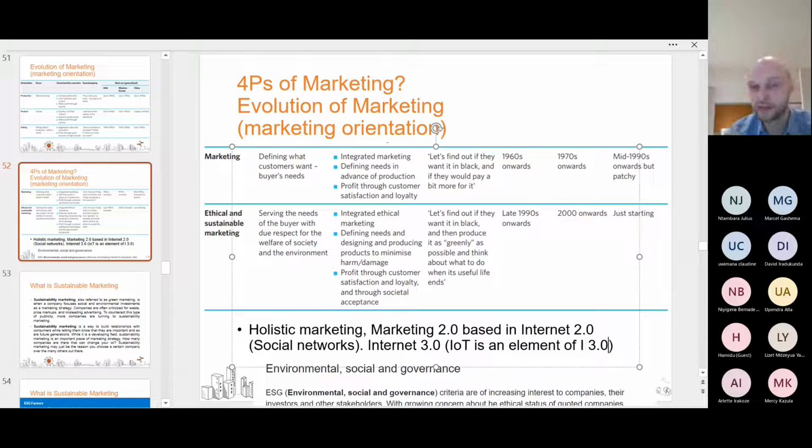So the Internet of Things can be developed due to the development of 5G, which allows many devices to be connected simultaneously at relatively high speed.